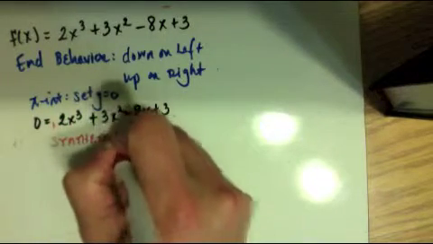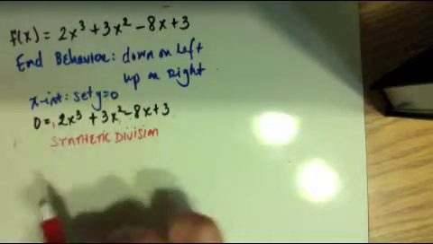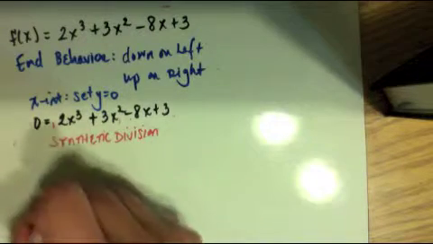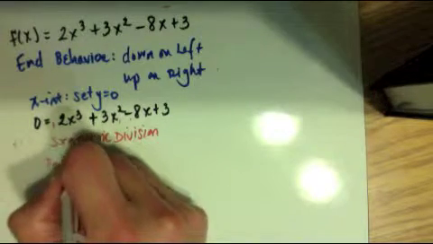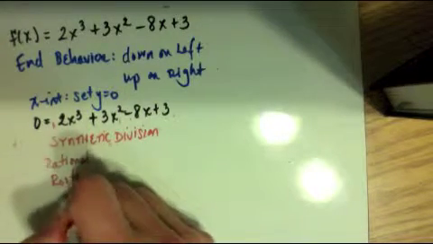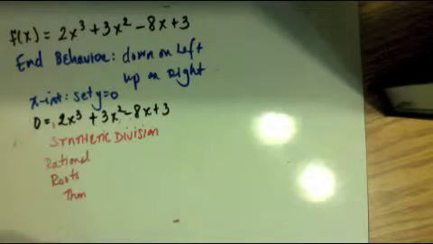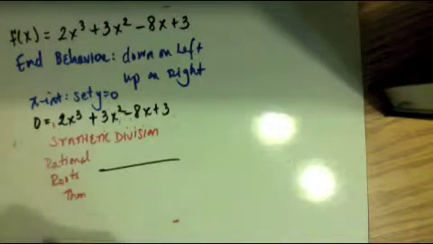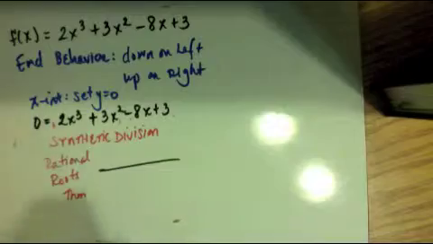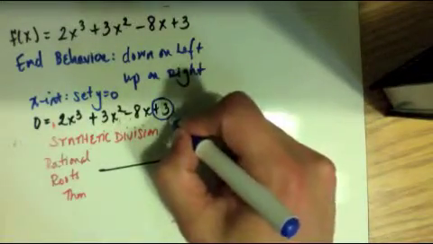Now synthetic division, hopefully you remember what it is. We're going to try to take a factor and divide this polynomial. But the question is, what factors do we use? And that's where the rational roots theorem comes into play. Basically, I'm going to create a list of potential or possible zeros using the constant at the very end.